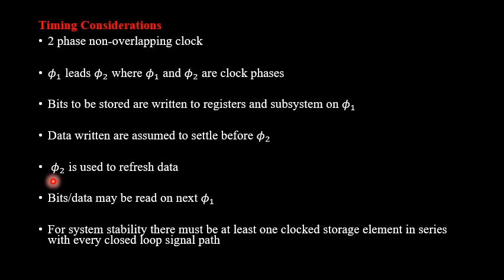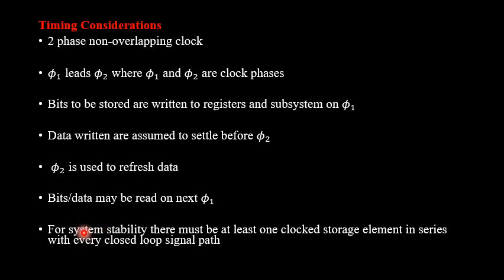And whenever I apply the clock signal phi 1 again, at that time the read operation will be performed. So whatever refresh operation has to be performed after the write operation, it has to be performed before the phi 2 clock signal. It has to settle before the phi 2 clock signal so that there is no overlapping or distortion of any sort of data.